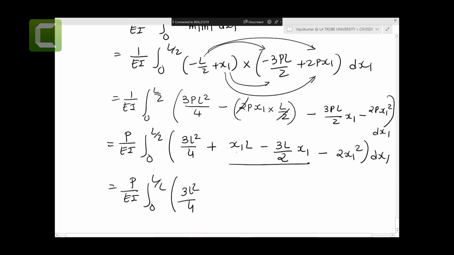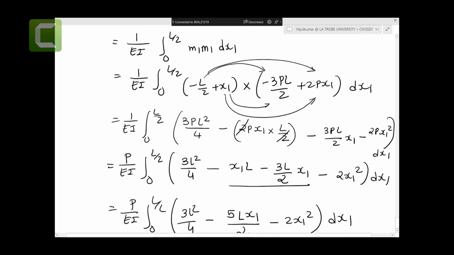So 2, this would be minus, right? So minus 5 L x1 over 2, minus 2 x1 square dx1. And this is plus.